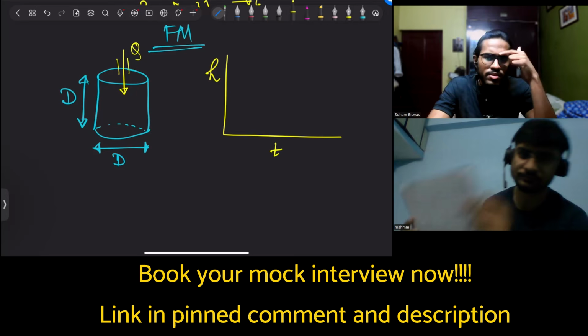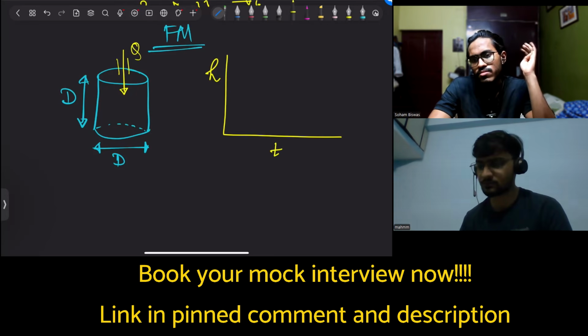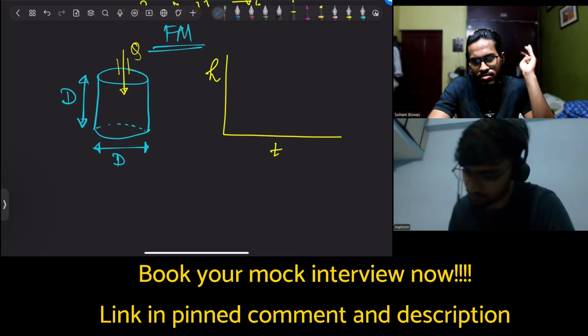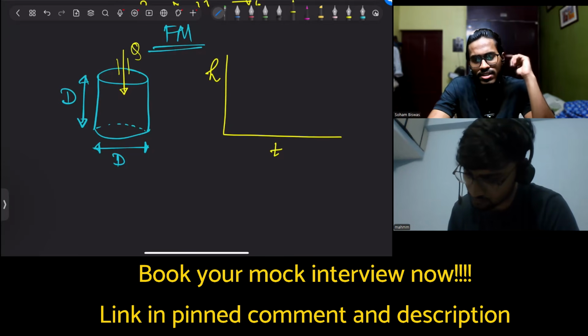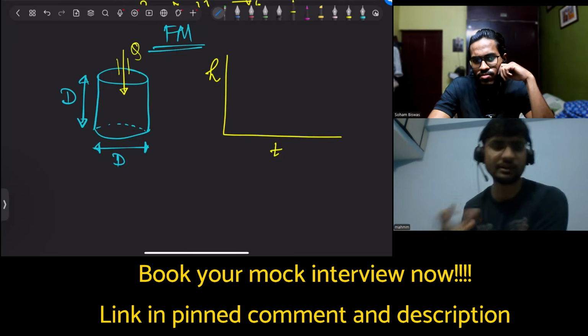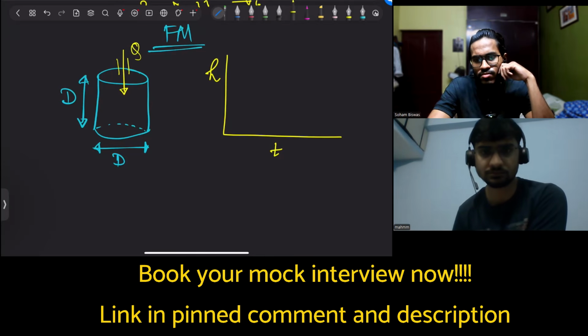And what will be the slope? Or you just tell me the conservation equation. It will be flow rate divided by area.